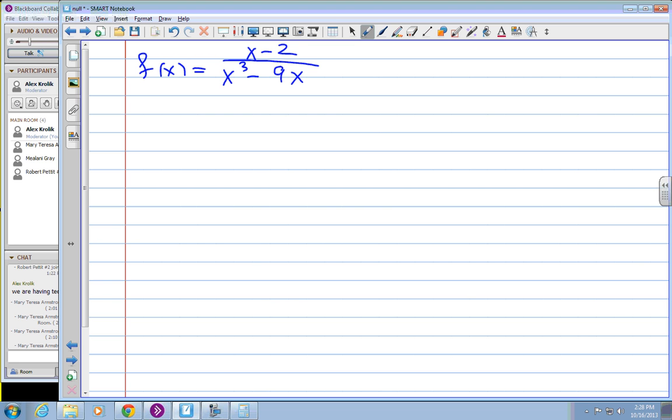No, it looks almost the same, but it's not. So anyways, the first thing, try to factor everything. So if I factor the denominator, I should get x times x minus 3 times x plus 3. Right? Nothing reduces.